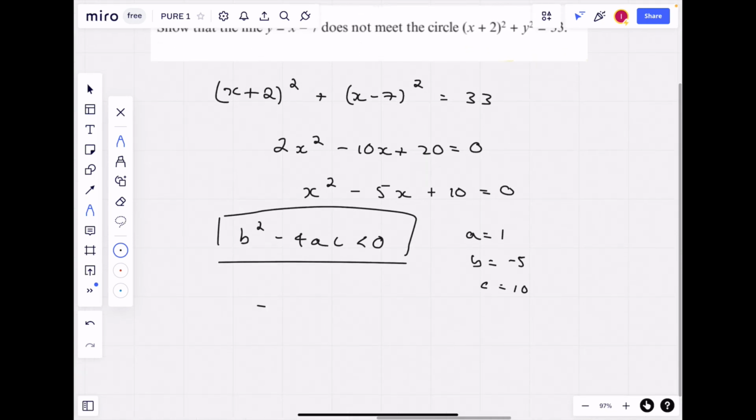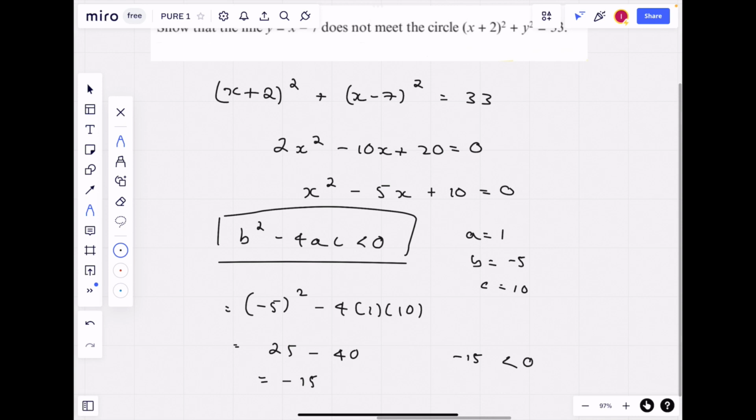So minus 5 all squared minus 4 times 1 times 10, which gives us 25 minus 40, which is minus 15. Minus 15 is less than 0. There you go, no intersections. So it doesn't touch the circle at any point.